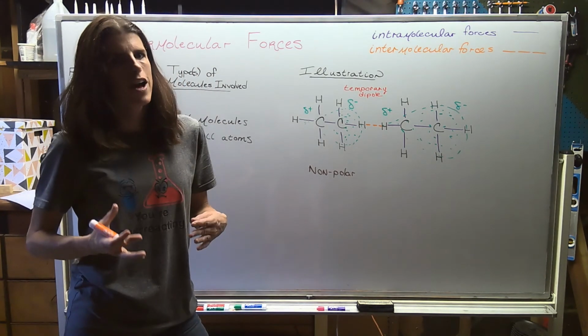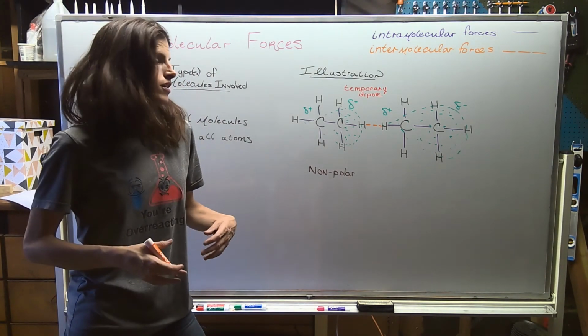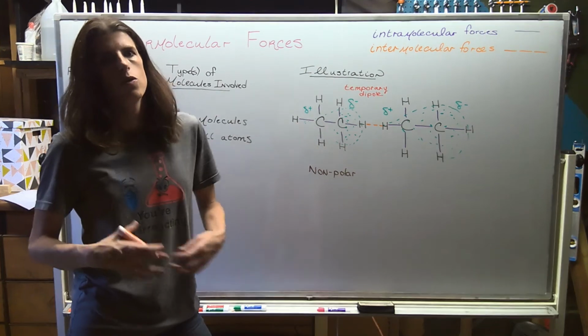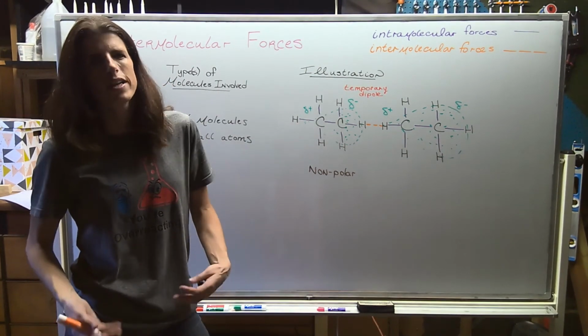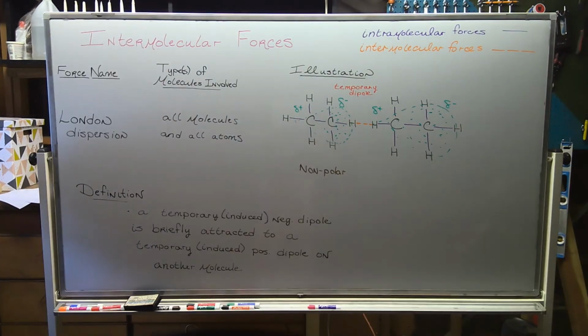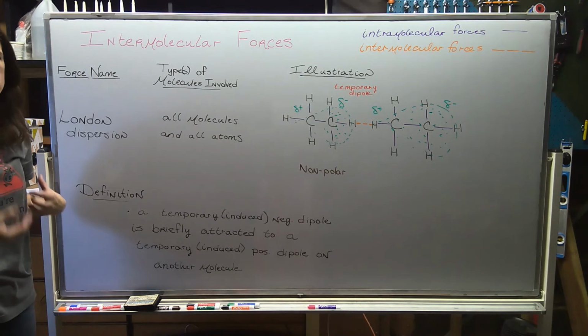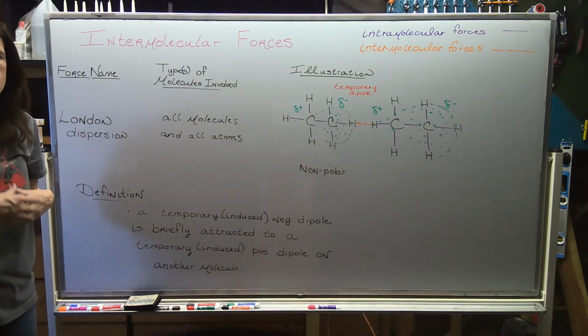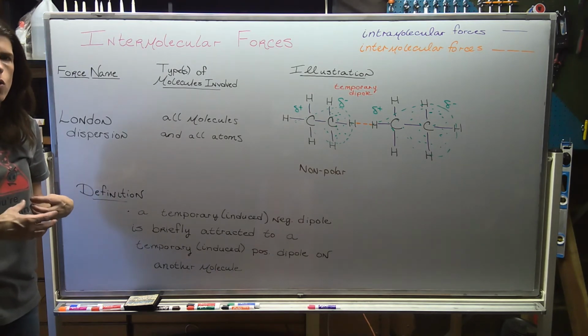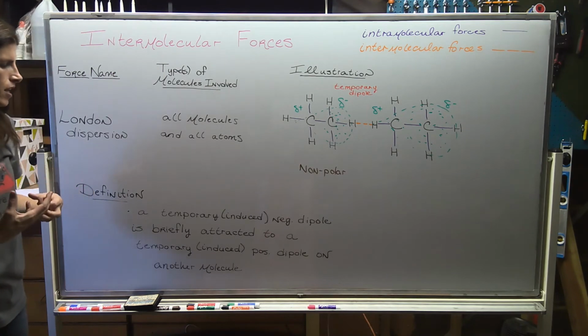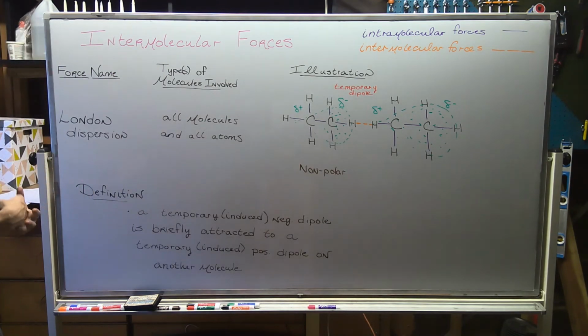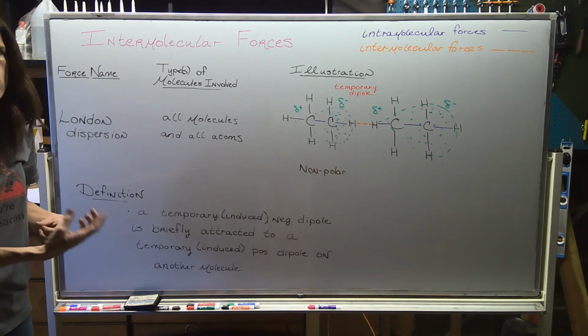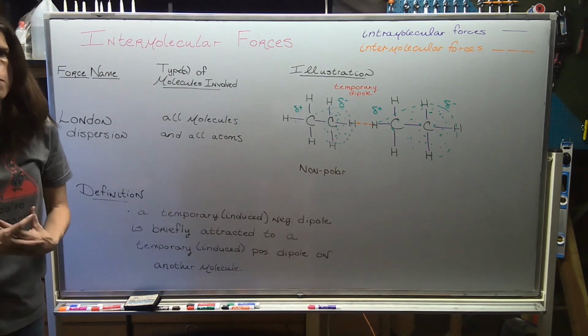And we could justify how weak it is, right? Because it's temporary, so therefore it's easy to break, easy to disrupt. So in terms of our definition of London dispersion forces, we have a temporary or induced negative dipole that's temporarily, or just for a brief second, attracted to a positive dipole that's also induced or temporary.